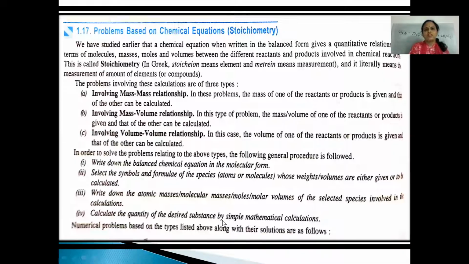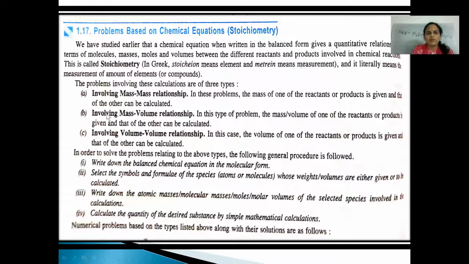Now see, problems based on chemical equations are of 3 types. First is problems involving mass-mass relationships, and in these problems, the mass of one of the reactants or products is given, and of the other you need to calculate.